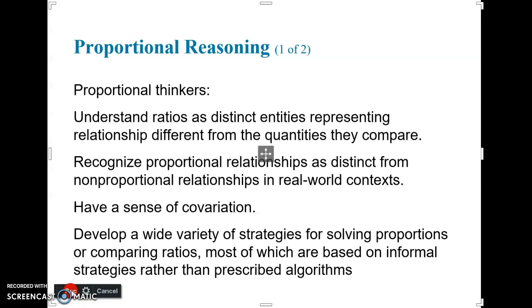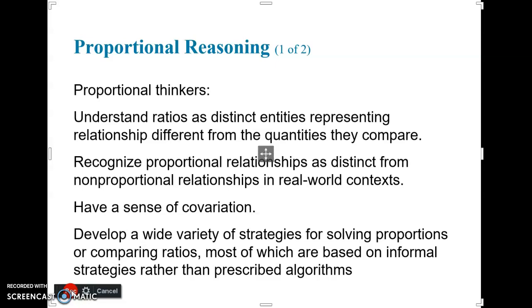Proportional thinkers do the following. Understand a ratio as a distinct entity that represents a relationship different from the quantities it compares. They recognize proportional relationships as distinct from non-proportional relationships in real-world contexts. They have a sense of covariation.